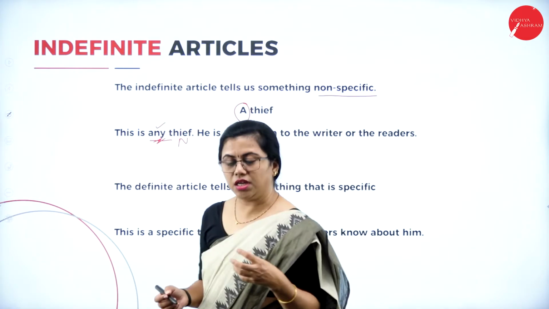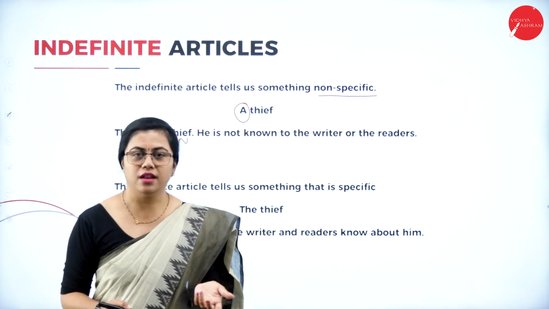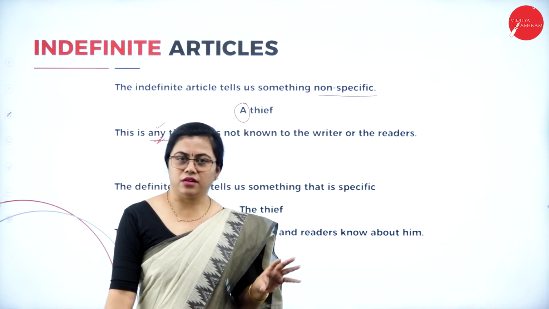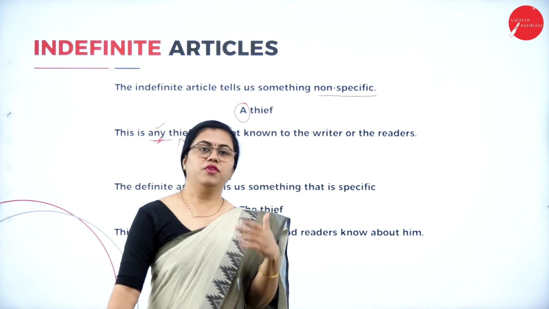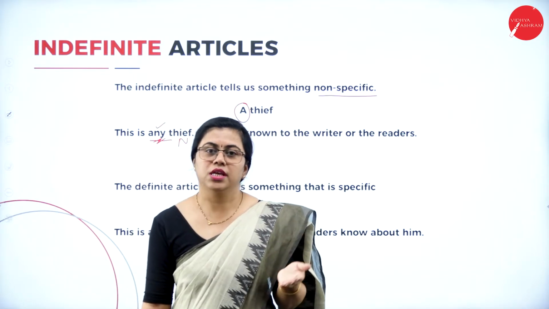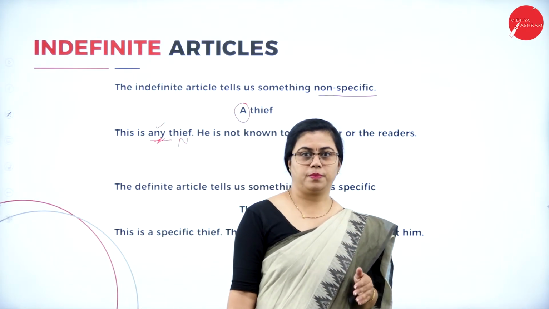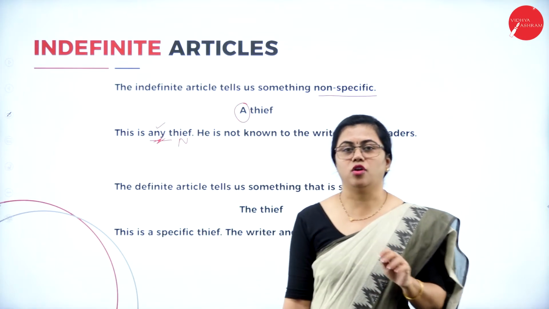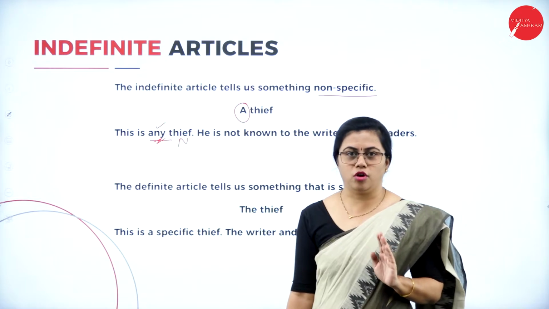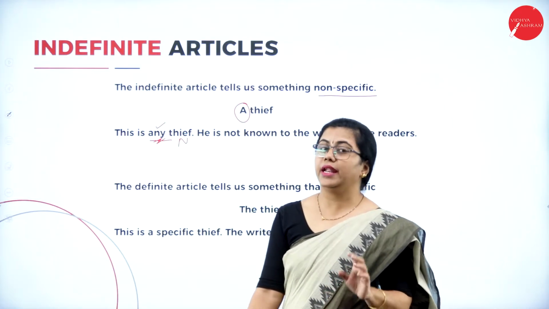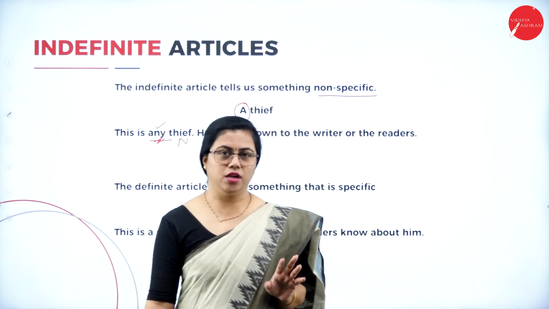If you are using an indefinite article or a definite article, that is very much essential when you are talking about nouns that are not in plural form. Most commonly they are not used in plural form. If you are using an article along with the plural form of nouns, it has to be a definite article only.